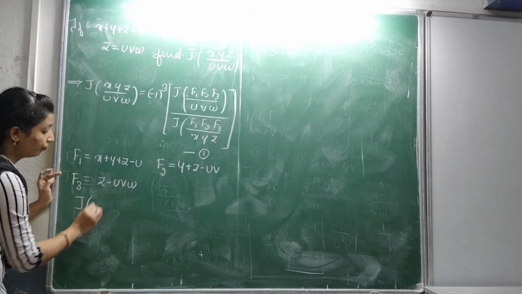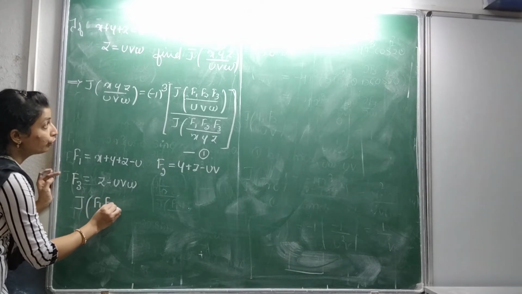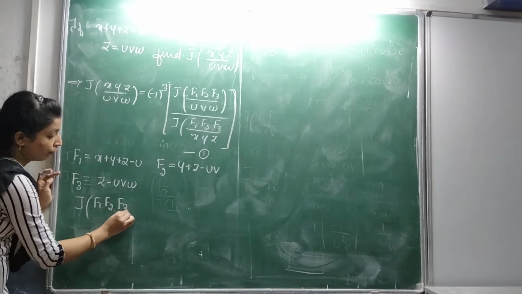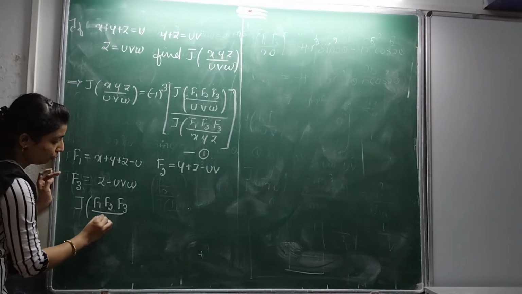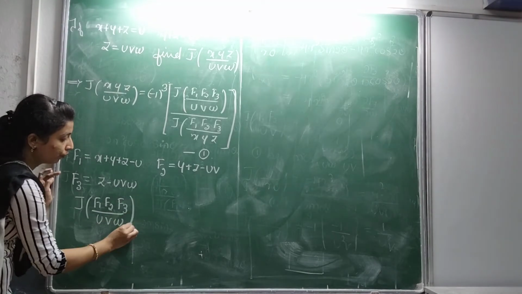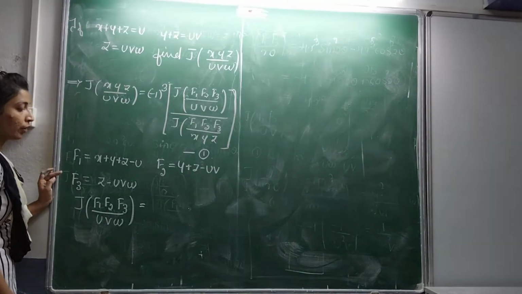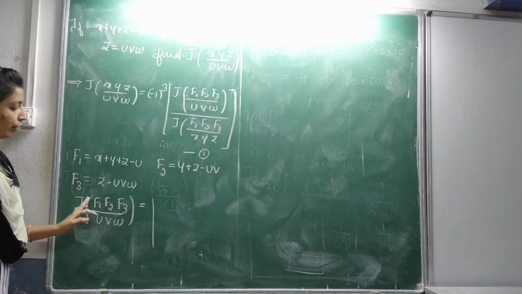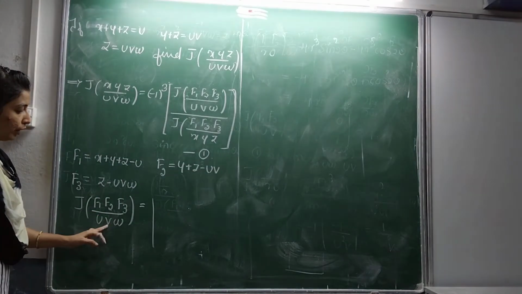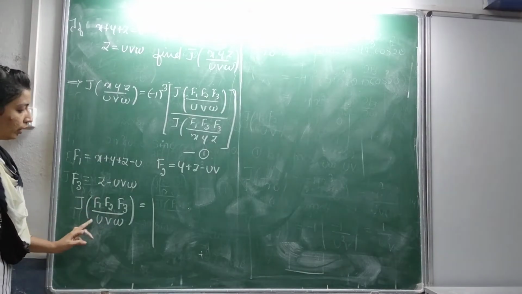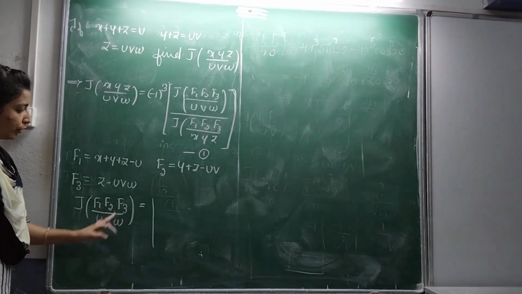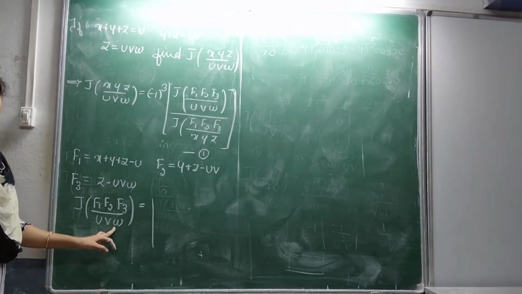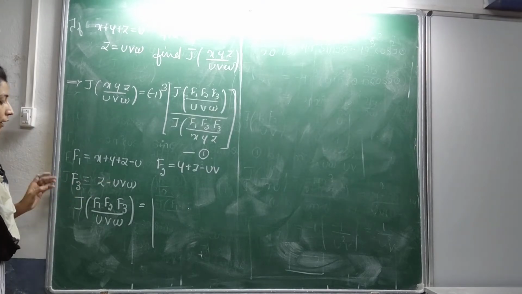Next, the Jacobian of (f1,f2,f3) with respect to (u,v,w) is equal to the determinant: first row ∂f1/∂u, ∂f1/∂v, ∂f1/∂w; second row ∂f2/∂u, ∂f2/∂v, ∂f2/∂w; third row ∂f3/∂u, ∂f3/∂v, ∂f3/∂w. So directly I write the values.